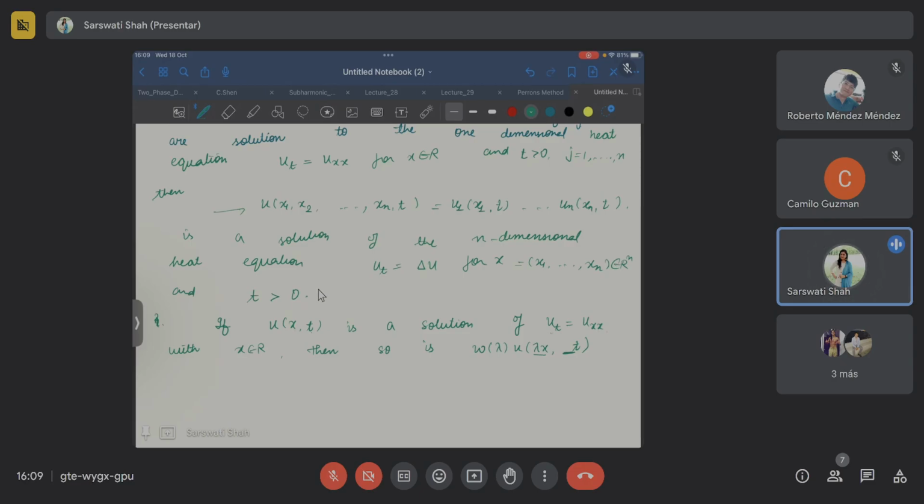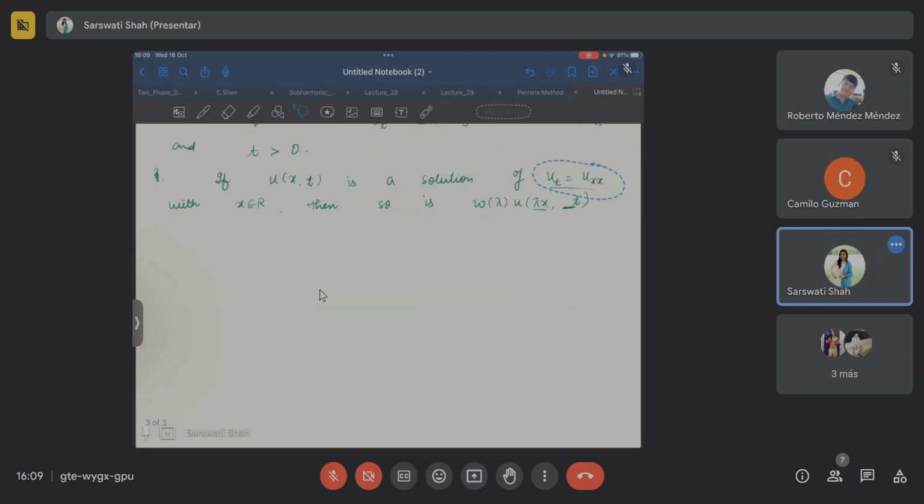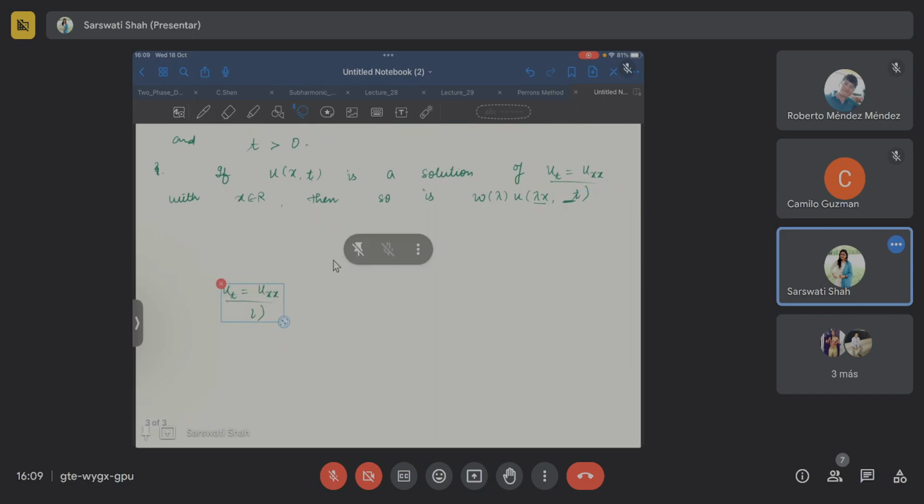If this is the heat equation, just try to understand. You know the answer, but I think you are confused. If I rescale x to lambda x, we are going to see what will be the rescaling for t. So del u over del t is equal to del 2 u over del x square.